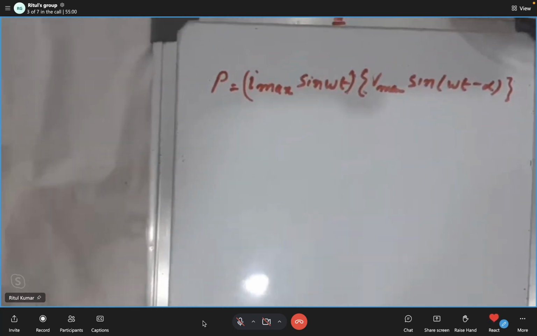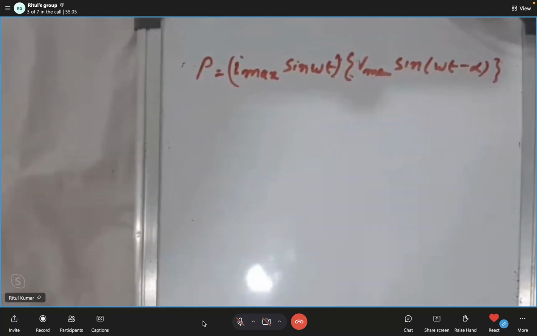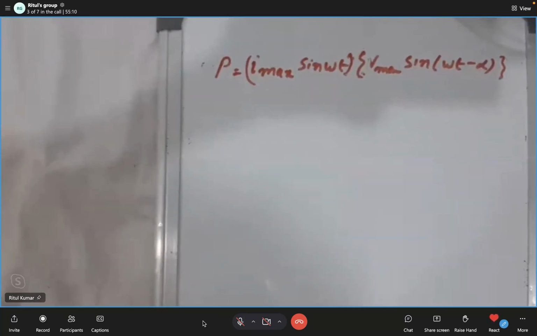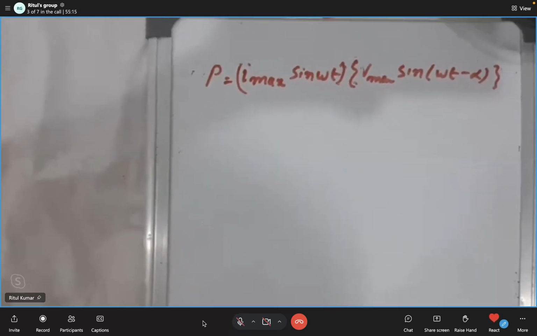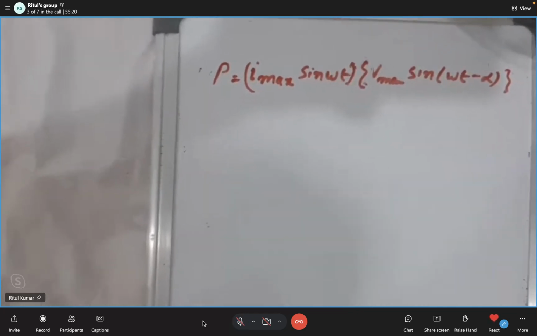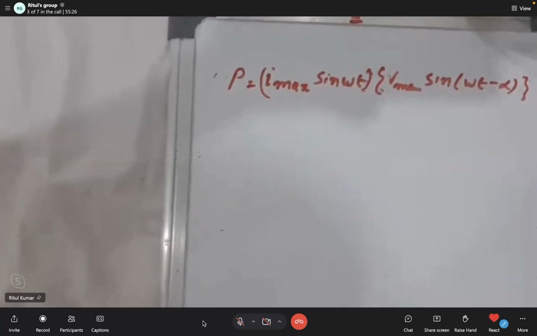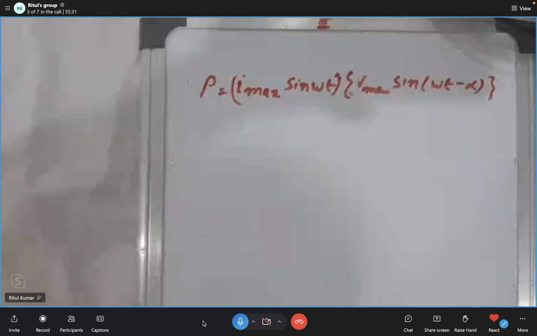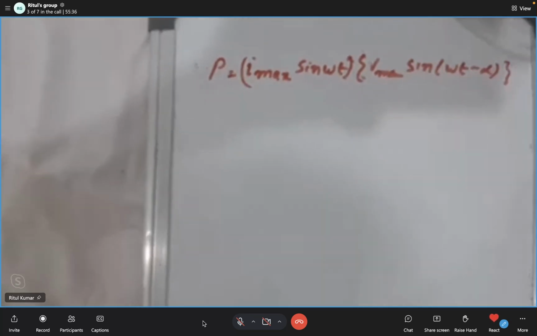Is it possible that the circuit reflects energy to the source? Possible? Is it possible? So, sir, that alpha will have to be obtuse. Instead of the source providing energy, the circuit is providing energy to the source. Yes, if they are out of phase, then it is possible? Yes, sir. Very much possible, and that is what is negative.